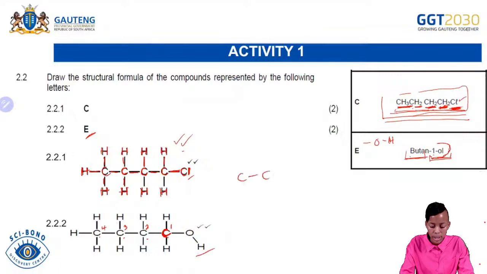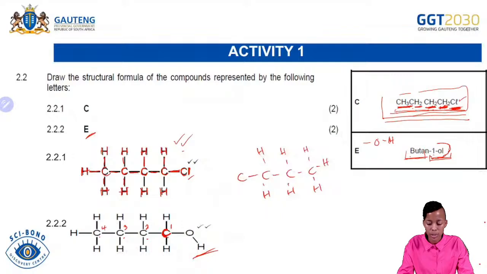And then again, if you decide to draw it in this way, this is also correct. So if you decide that instead of having the OH group on the right hand side, you want to have the OH group on the left hand side, that is also correct.